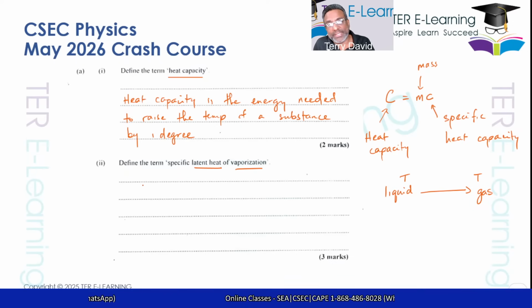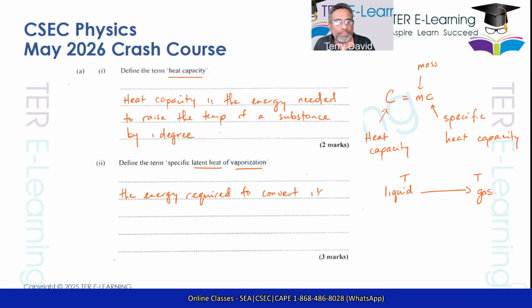So specific latent heat of vaporization is the energy required to convert 1 kg of a liquid into a vapor or gas without a change in temperature.